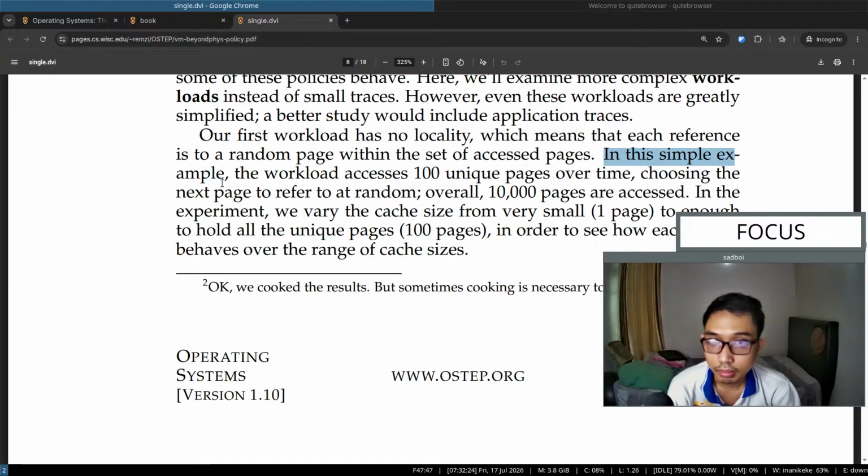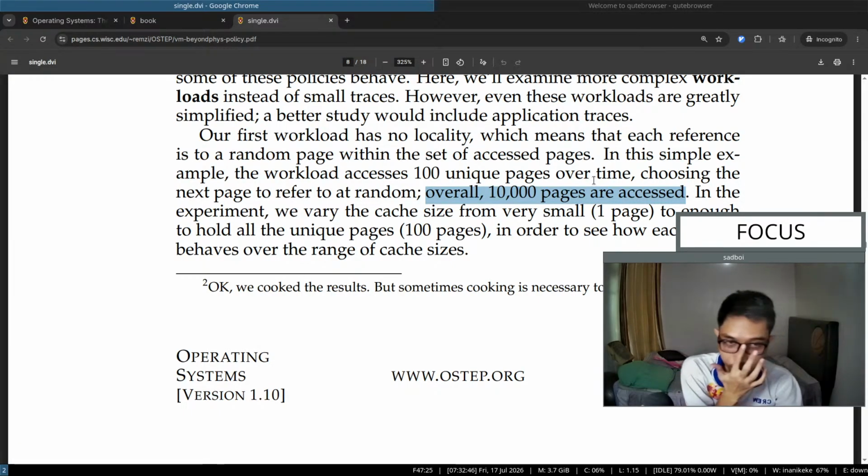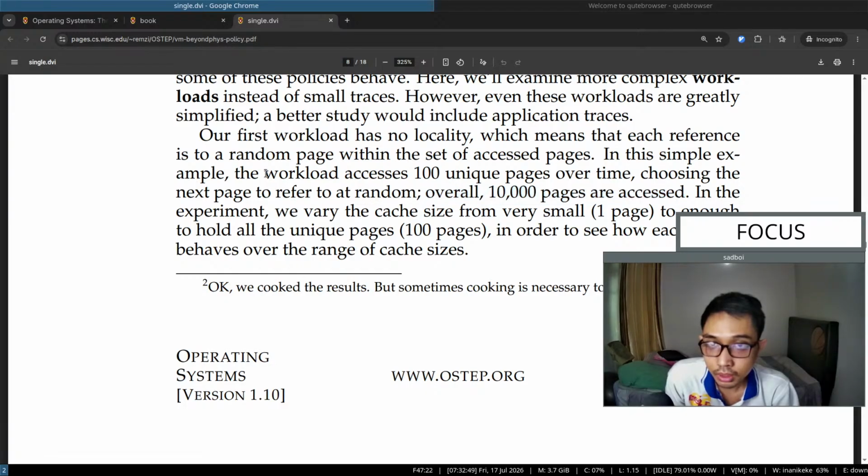In this simple example, the workload accesses 100 unique pages over time, choosing the next page to refer to at random. Overall, 10,000 pages are accessed.